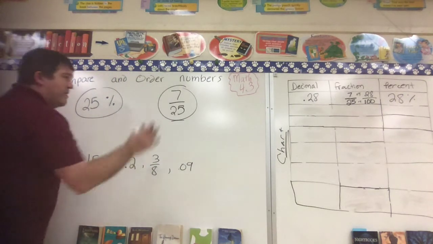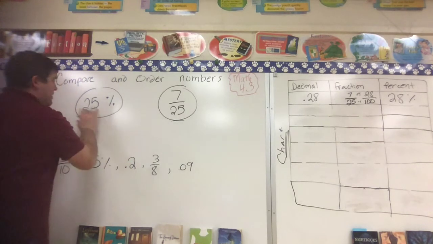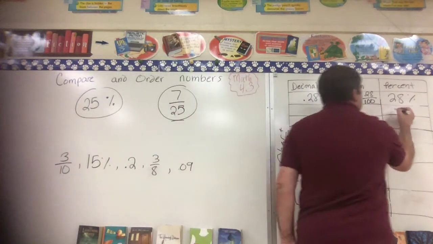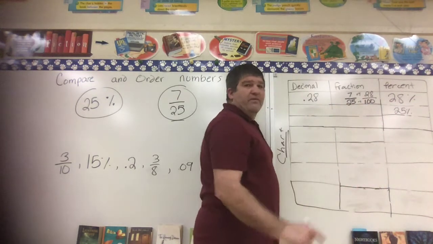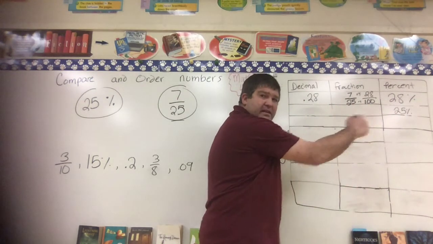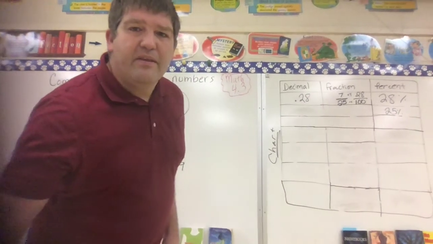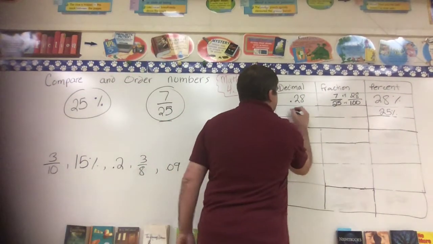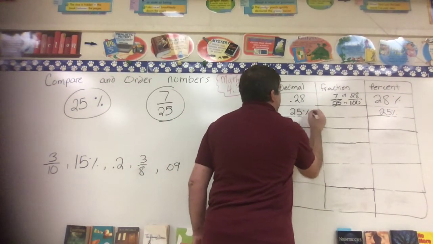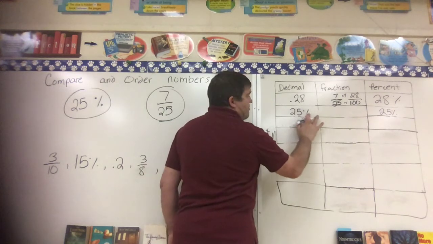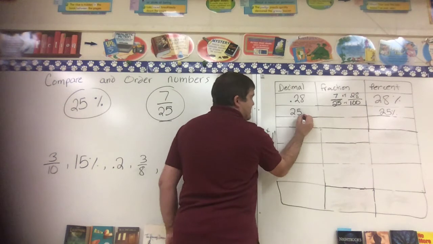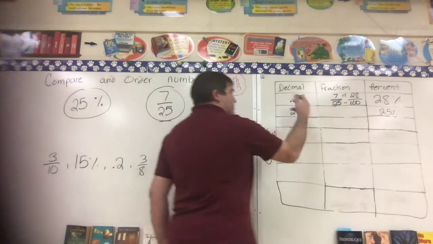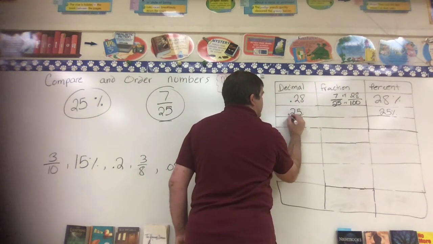Now, you know what? I'm just going to convert them all into all three. Let's do that. 25%. I know to go from percent to decimal, I get rid of my percent symbol, I put the decimal where it is, and then I have to go over 2. 1, 2.